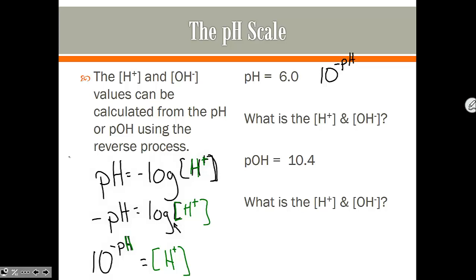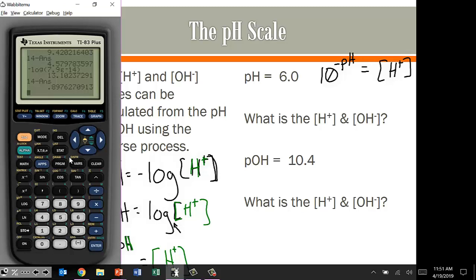So 10 to the negative 6 will tell us the concentration of hydrogen ion. So in our calculator, if you hit second log, the calculator will undo a base 10 log. So by putting in the anti-log to the negative pH, we can find that our concentration of hydrogen ions is 1 times 10 to the -6.